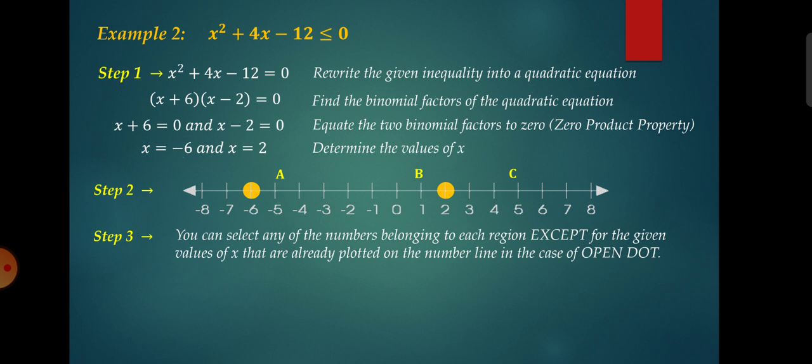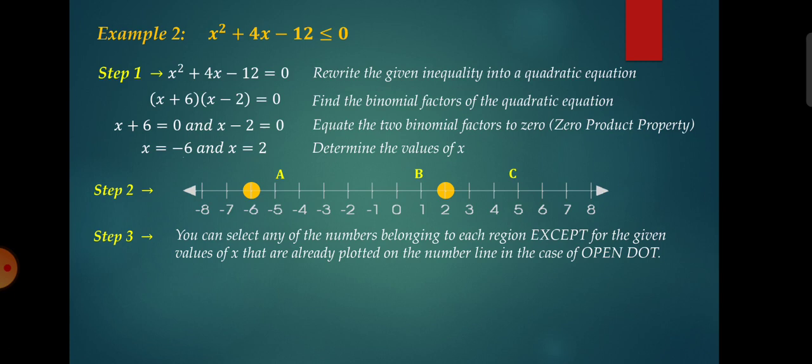Now we can select any of the numbers belonging to each region except for the given values of x that are already plotted on the number line. In the case of an open dot, it is not included. But this is not an open dot, this is a closed dot, so it is still included. Therefore, negative 6 and positive 2 will be included, since it is a closed dot.